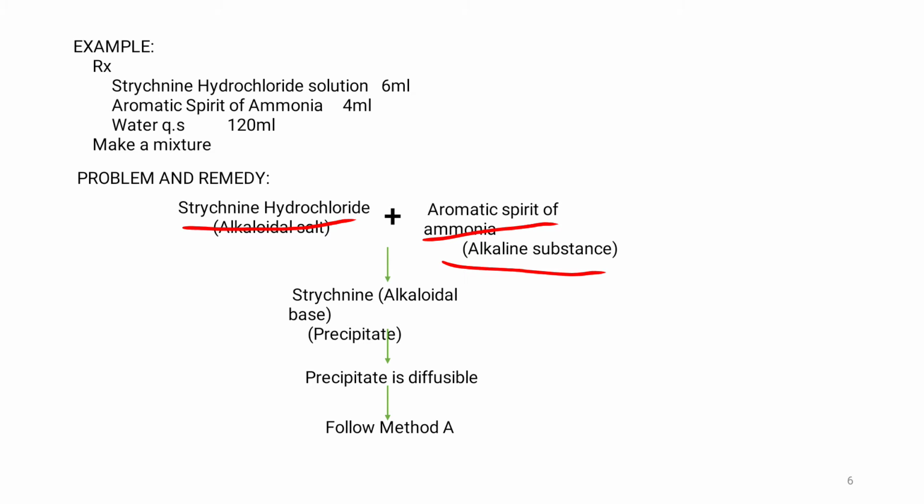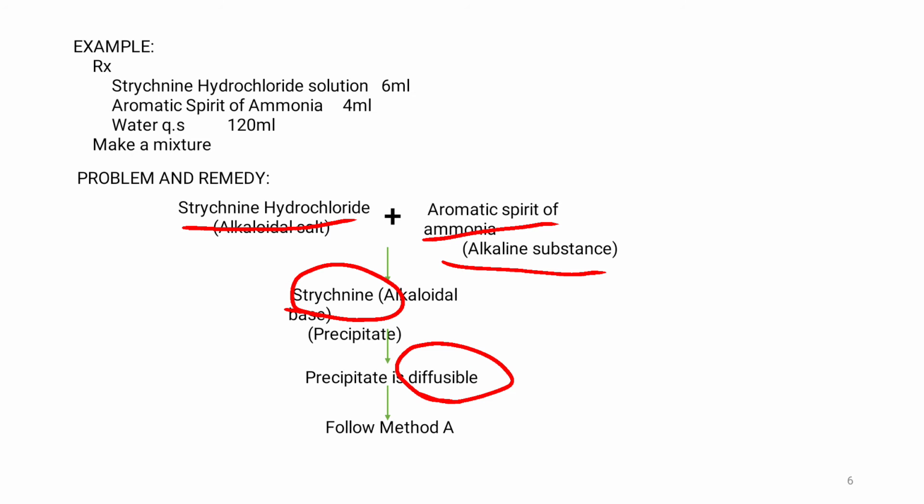Here strychnine is the free alkaloid. This precipitate is diffusible, so we follow method A, which we discussed in the last class.